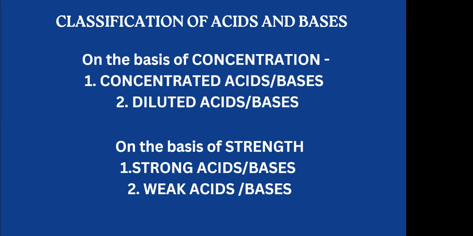And next is on the basis of strength. Strength is how strong an acid is, how strong a base is, and how weak that acid or base is. We can take an example, lemon. We can easily have lemon juice, we can easily drink orange, we can easily add vinegar to our food, but we cannot add HCl to our food, right?